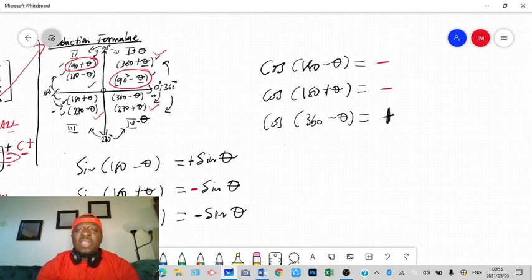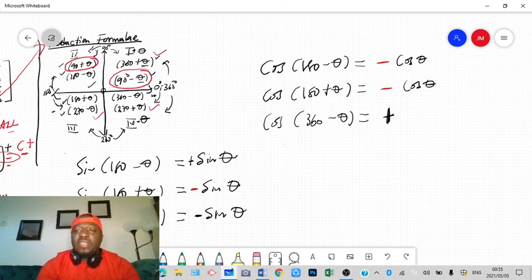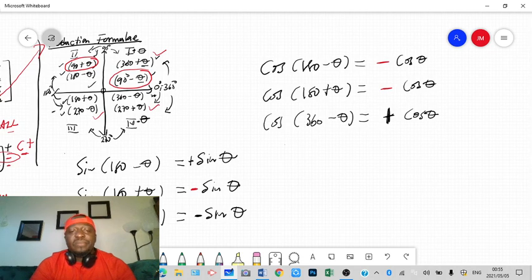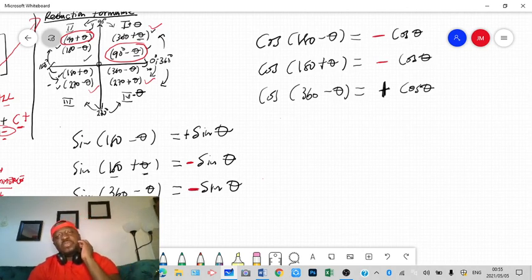So these will change to minus cos theta, minus cos theta, and then plus cos theta. Here, let me use a red pen so that you see it properly.